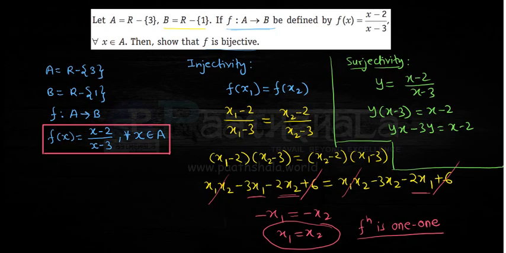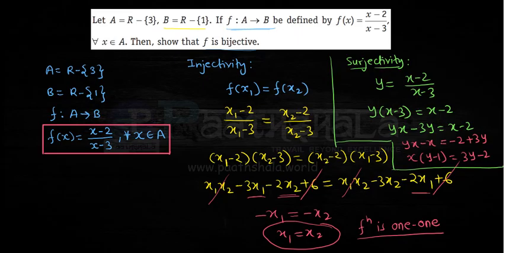So what can we write? If you take this x to the left side, so yx - x will be on the left side, and take this minus 3y to the left side, so we can write minus 2 plus 3y. Let's take x common from these two terms, so it will be x(y - 1) equals 3y - 2.